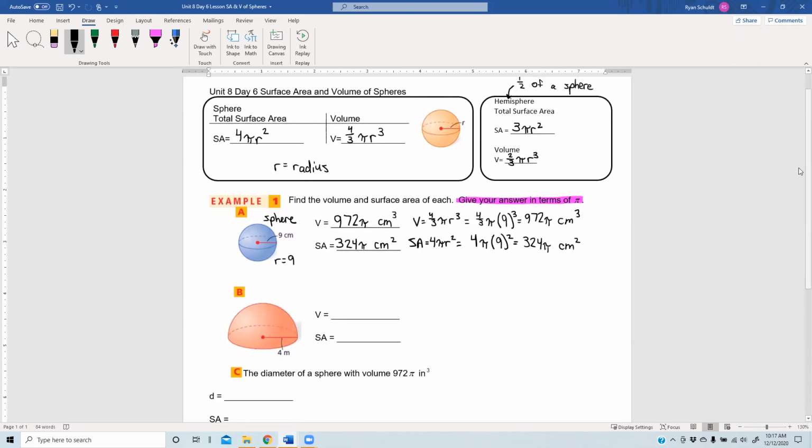Now the next one, it's half of a sphere, or we say it's a hemisphere. So we're going to have to use our formulas for a hemisphere, not a normal sphere. For volume, it's going to be 2/3 pi r cubed. So we do 2/3 pi. Our radius, it tells us, is 4. So 2/3 pi times 4 cubed.